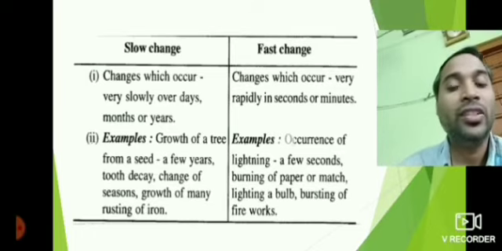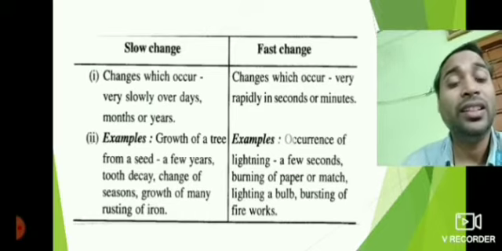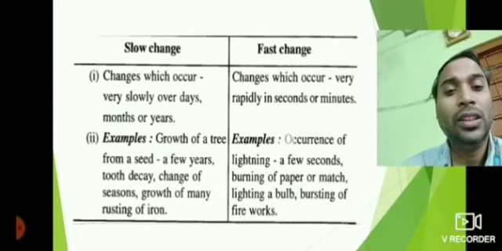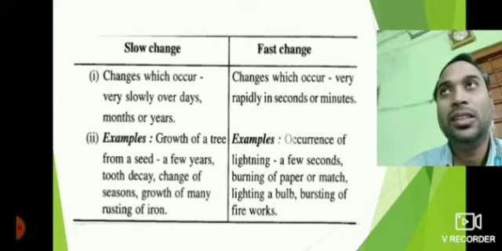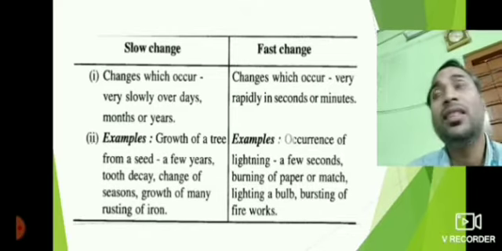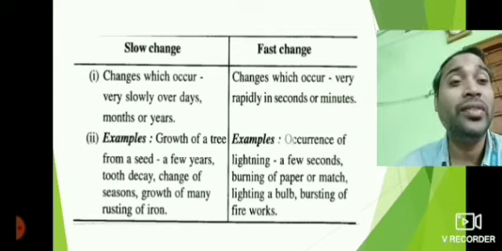Then change of seasons, of course, it does not happen instantly. It takes a long period of time. So that is also an example of slow change. Then growth of many living organisms, that is also slow change. Then rusting of iron is also, we can say, an example of slow change.